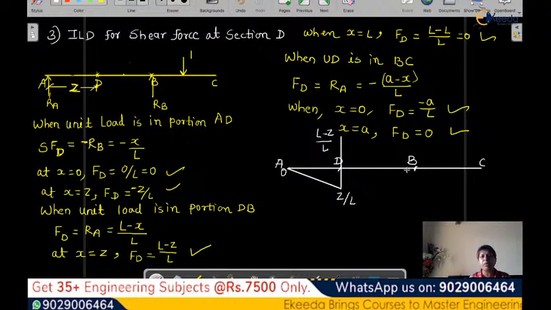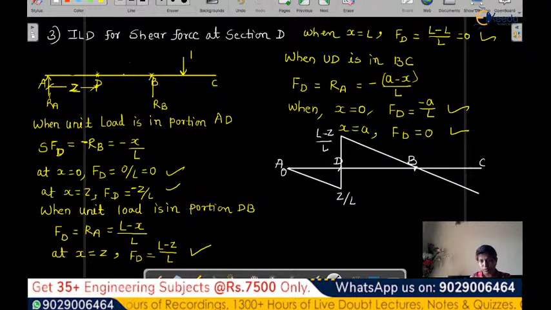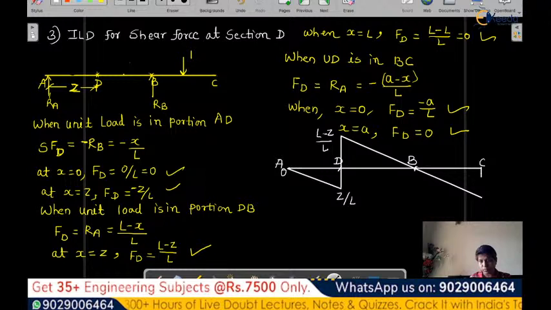Then at B point, again it is becoming 0 here, and here it is 0, and here from the right side it is minus A by L. So we have to plot it here.